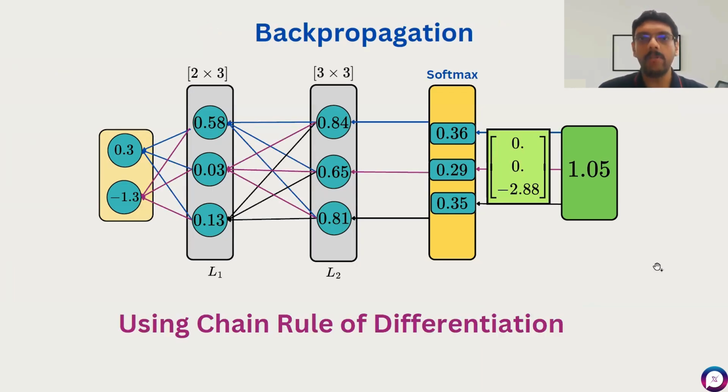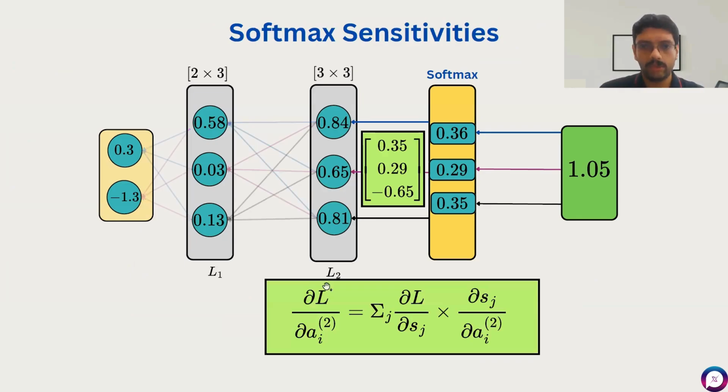And then we do what is called backpropagation. And so we use the chain rule of differentiation to take this sensitivity, which is the sensitivity of the loss with respect to the output of the softmax, push it through this, and get the sensitivity with respect to the inputs of the softmax. As I said, you can do that directly with softmax, but we have to do this for each layer. So the derivative with respect to the output of the second layer is basically, using the chain rule, the sum of the sensitivity for each component.